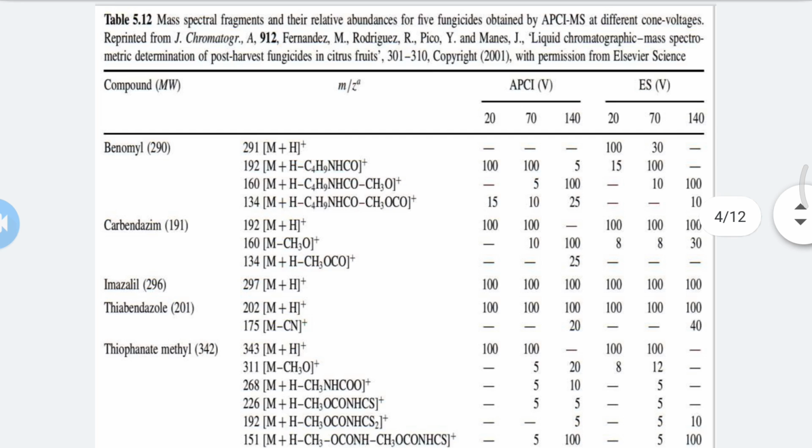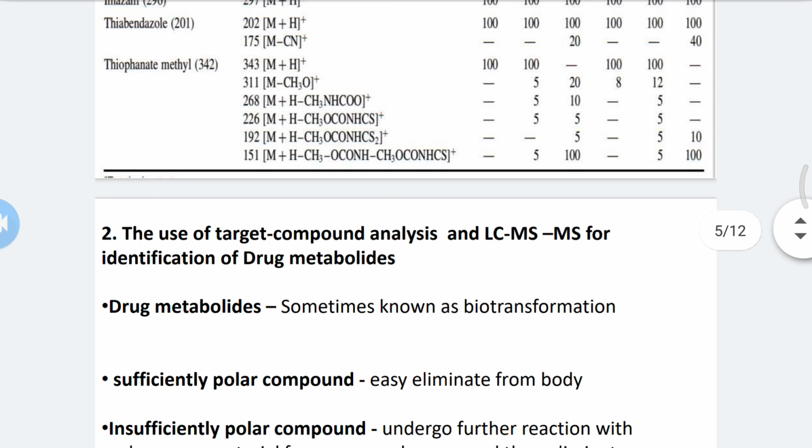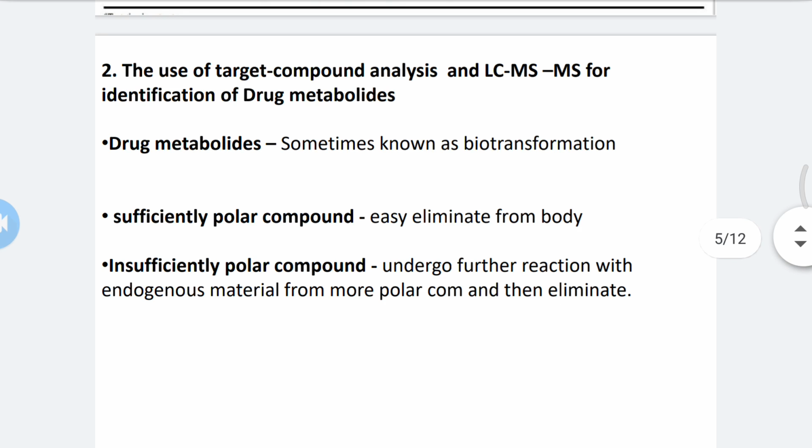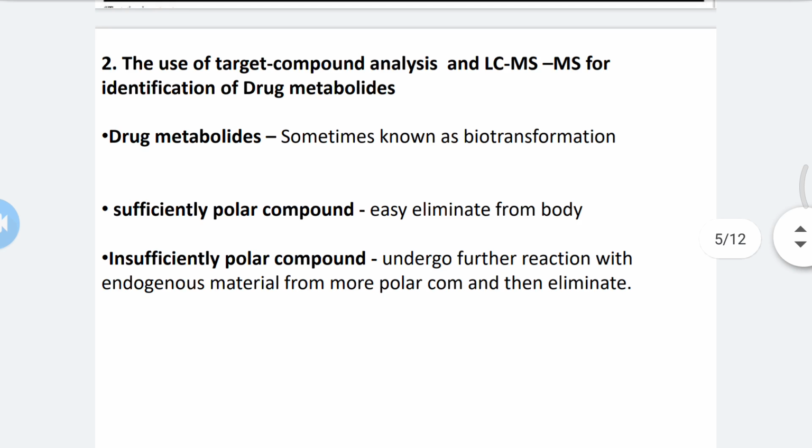So next we discuss the use of target compound analysis and LC-MS/MS for identification of drug metabolites. What are metabolites? Drug metabolites are sometimes known as biotransformation products.